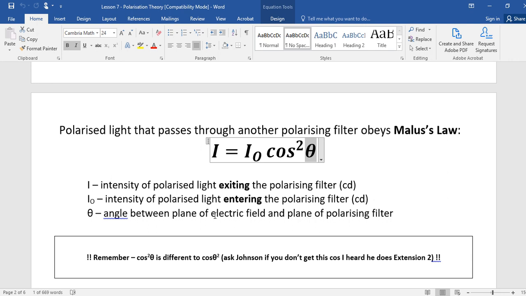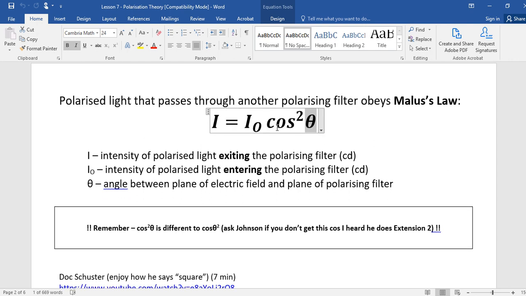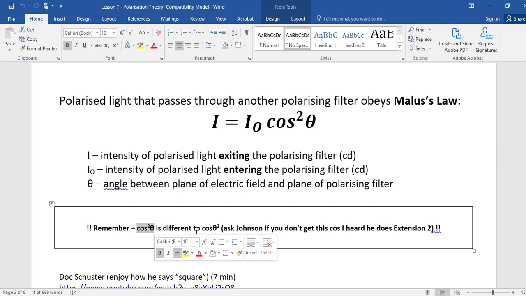We'll look at what that means in a second. And I've written a bit later on, it's also the same angle as the angle between the two filters. And I is equal to I naught cos squared theta. Remember, cos squared theta is different to cos theta squared.